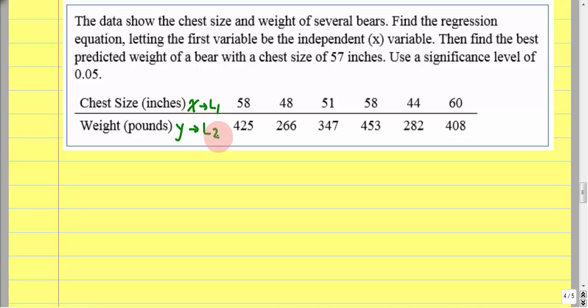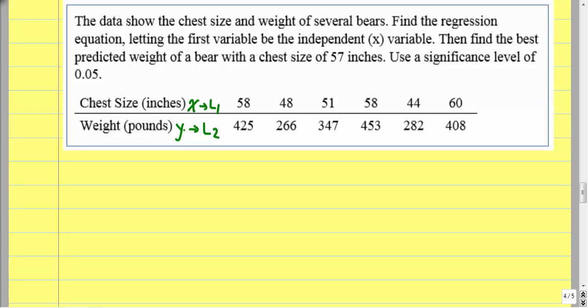What this is saying is the weight of a bear is dependent on his chest size. As chest size increases, you might think that the weight of the bear would increase. This would be a really nice thing if they could just measure a bear's chest size. Let's say they had sedated a bear, they could predict its weight with some accuracy and not have to actually get it onto a scale. So that would be handy.